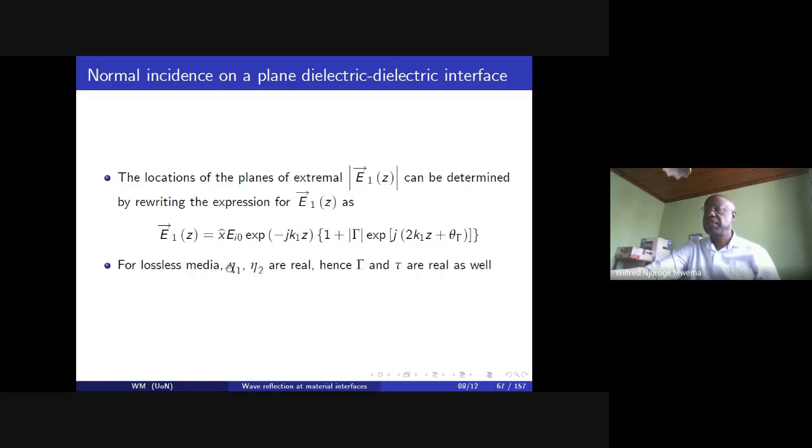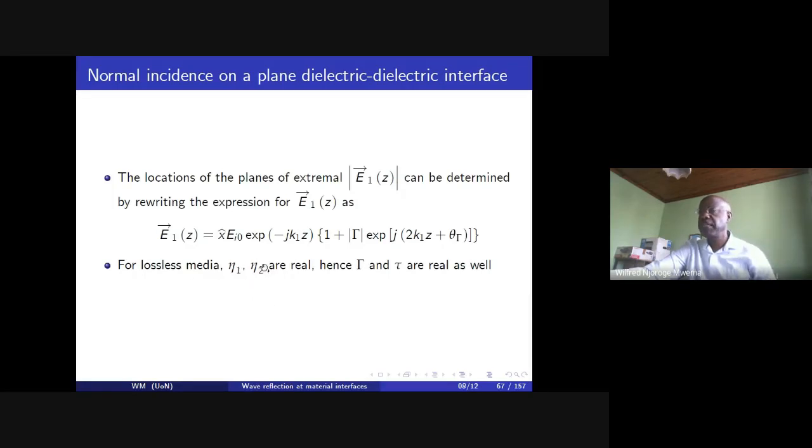So for lossless media, we note that eta1 and eta2 are going to be real values. It's just the square root of mu1 by epsilon 1, and mu2 by epsilon 2 square root for the second medium. And we remember that when the medium is lossy, the mu's and the epsilons can be written as complex values, and therefore eta1 and eta2 will be complex impedances.